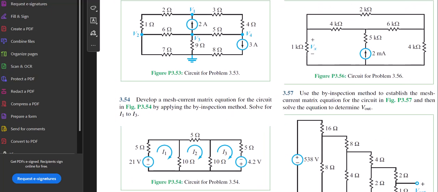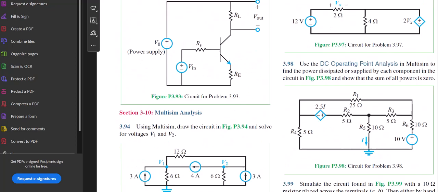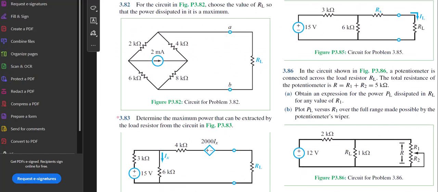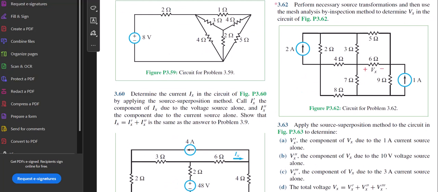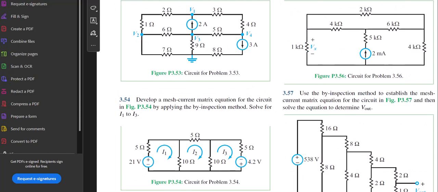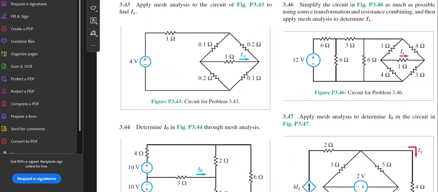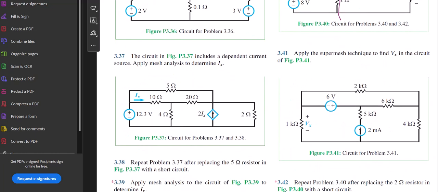Where was super mesh? Super mesh. Okay, all right, there we go, current source.